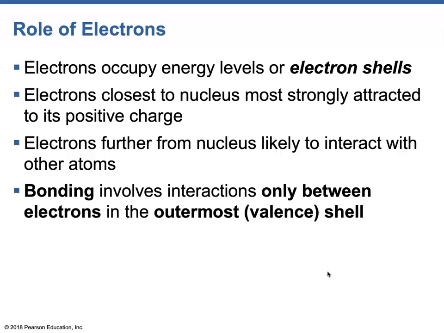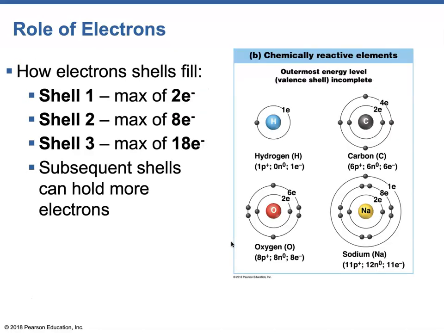So the actual bonding, like I have written down here, involves the interaction between the electrons in the outermost shell. So when we look at this, again, the very first shell likes to have a maximum of 2. The second shell, its happy place, likes to have a maximum of 8. And then third shells can have a maximum of 18.